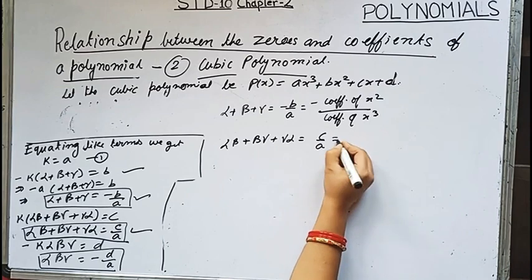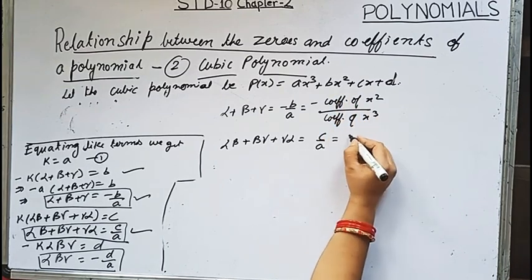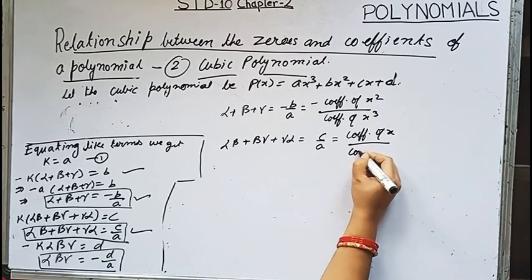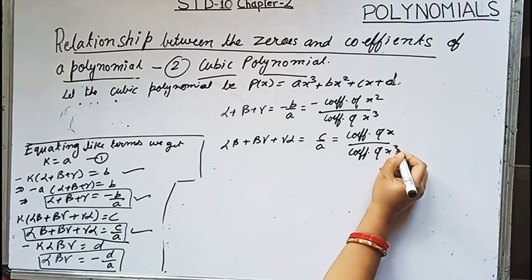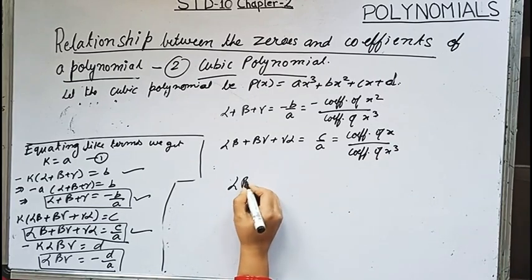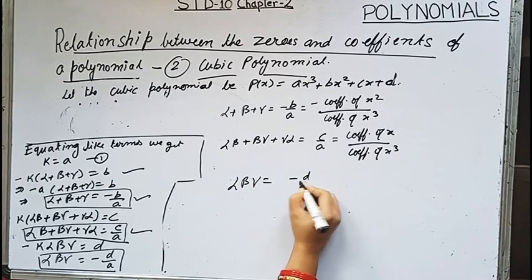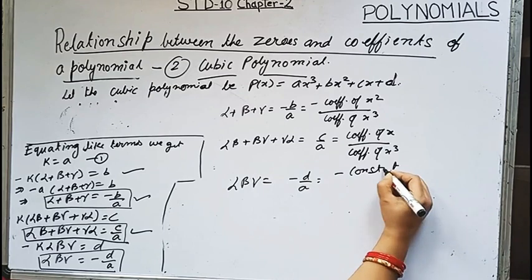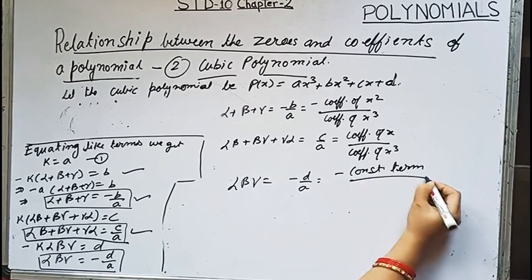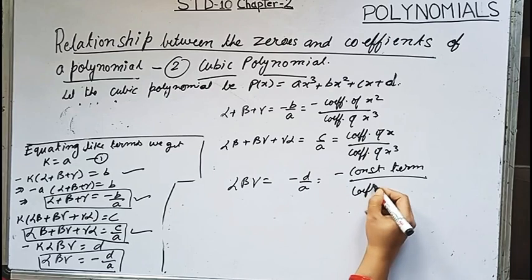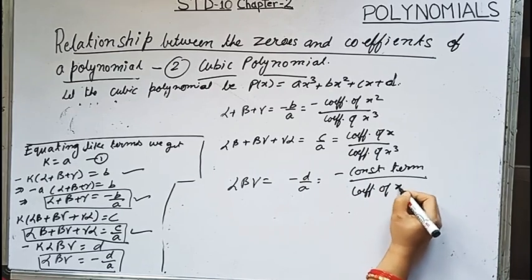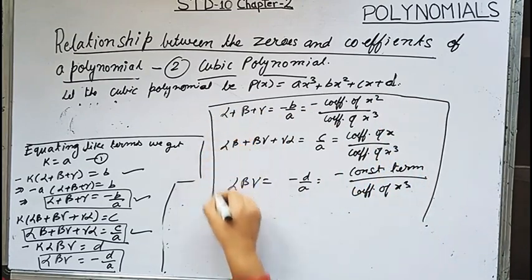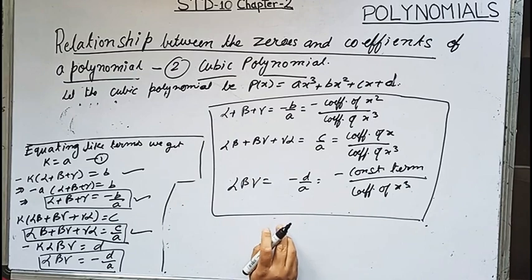This is c by a. Now c is the coefficient attached with x, so we will be writing coefficient of x divided by coefficient of x^3. The last one, the product of the zeros, alpha beta gamma = minus d by a. d is the constant term, so we will be writing minus the constant term divided by coefficient of x^3. So this is the relation between the zeros and the coefficients of a cubic polynomial.